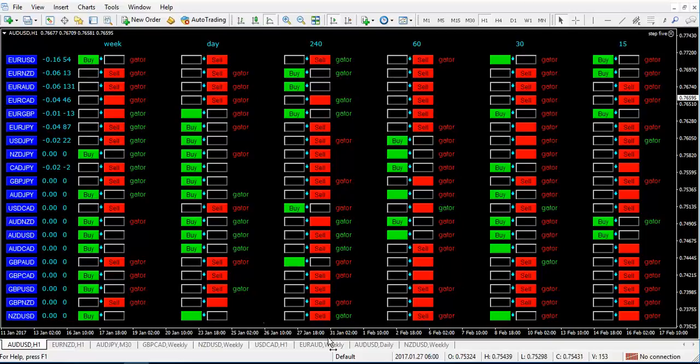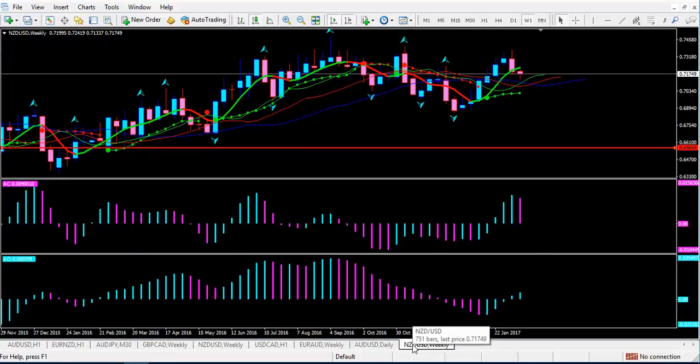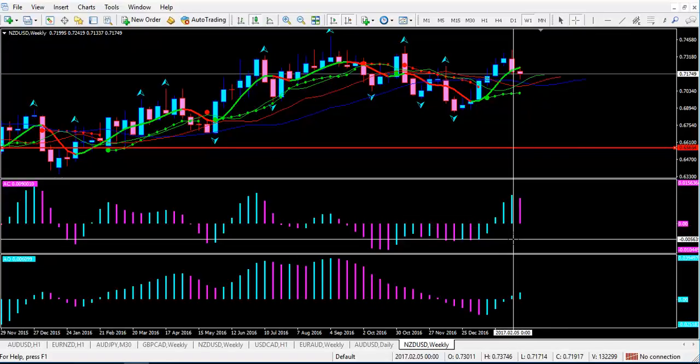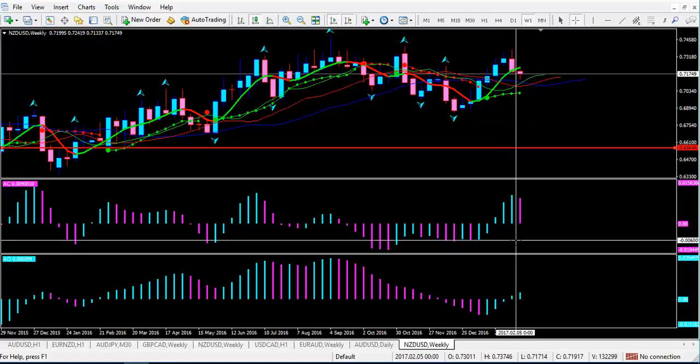Zone, to him, is defined at least partially by the accelerator oscillator and the awesome oscillator. To be in the buy zone, which I believe you will be more aggressive, is his term, both have to be green, or in our case aqua.